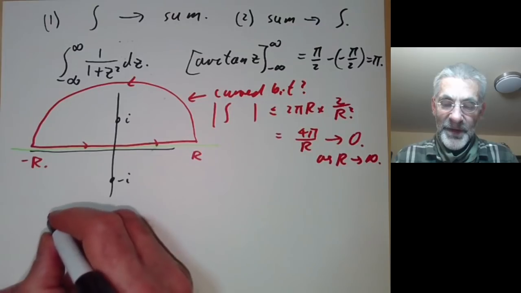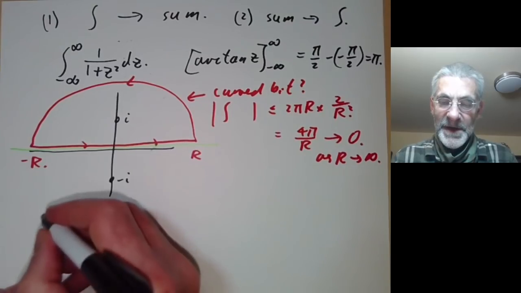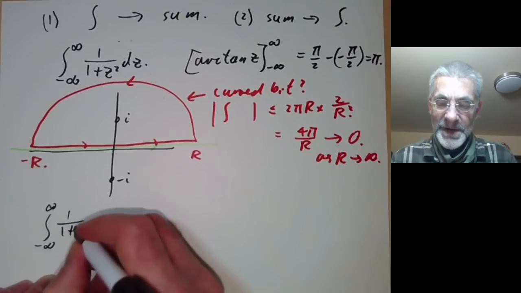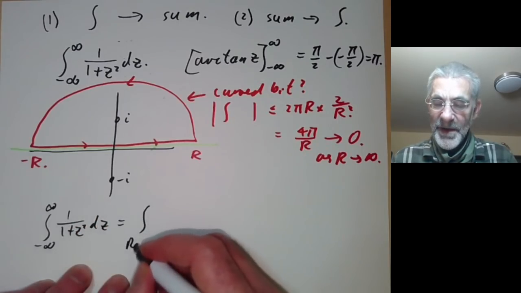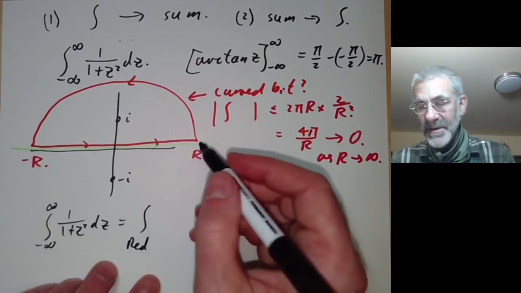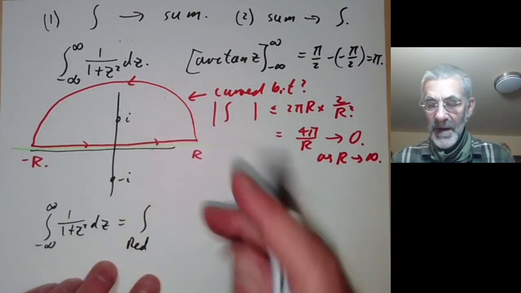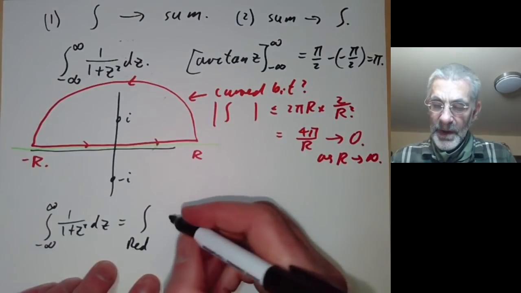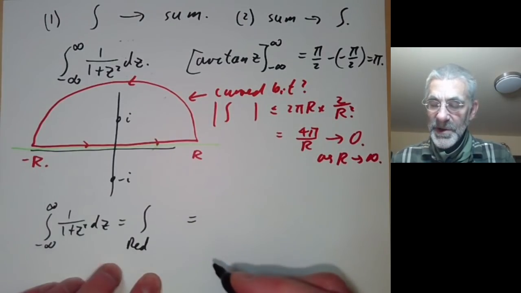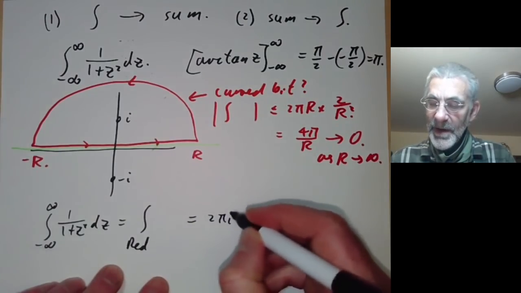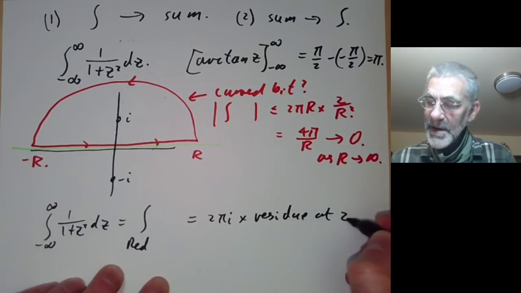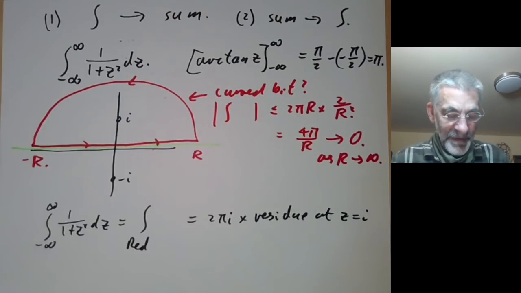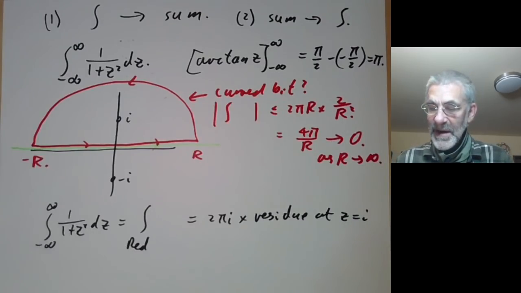So we have the integral from minus infinity to infinity of 1 over 1 plus z squared dz is equal to the integral over the red thing, at least if r is big enough, which is equal to 2 pi i times the residue at z equals i.